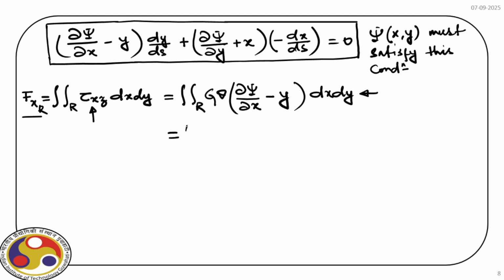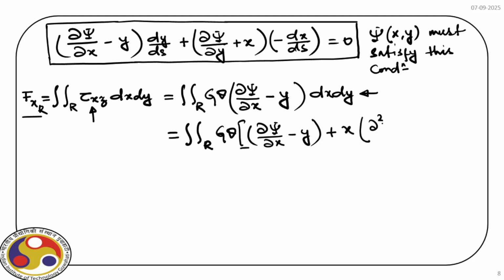Now we can slightly modify this. Just carefully note how we are going to modify this expression. So we have G theta, then the first part I leave as is, plus I introduce a new term, x times the Laplace equation.